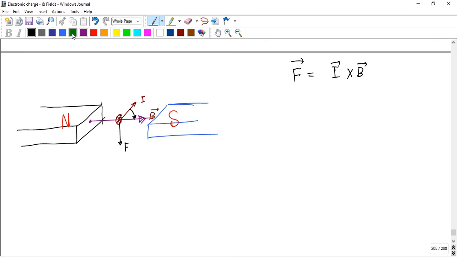Now if the current is in the other direction I, with B the same, obviously in that direction, then I cross B gives an anti-clockwise direction, so the force is upward.